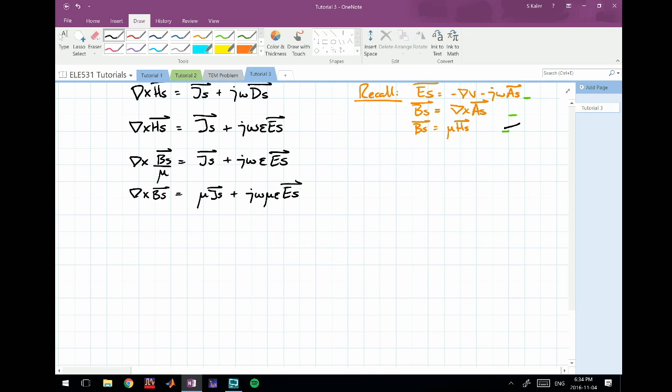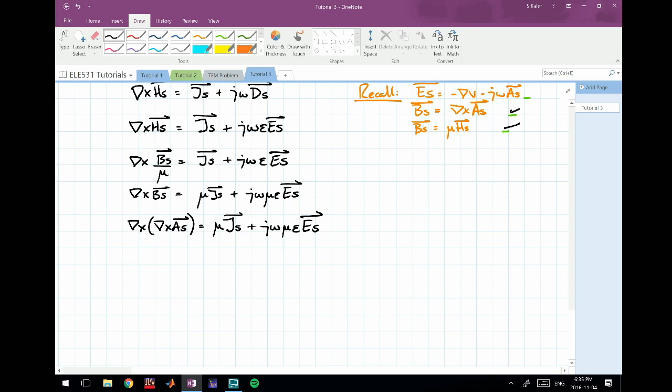Now I'm going to substitute Bs equals curl of A in. So I get the curl of the curl of As equals mu Js plus j omega, sorry, forgot the mu, epsilon Es.